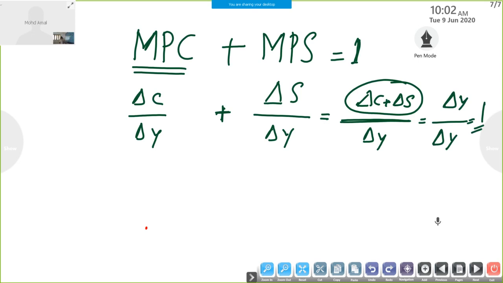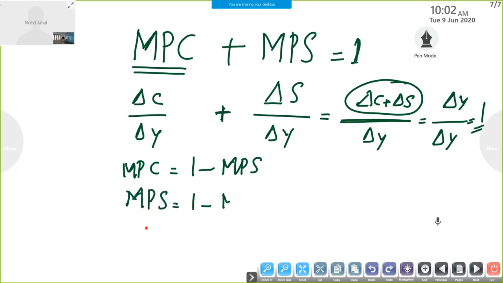We proved. So we can say MPC plus MPS is equal to 1, or MPC is equal to 1 minus MPS, or MPS is equal to 1 minus MPC.